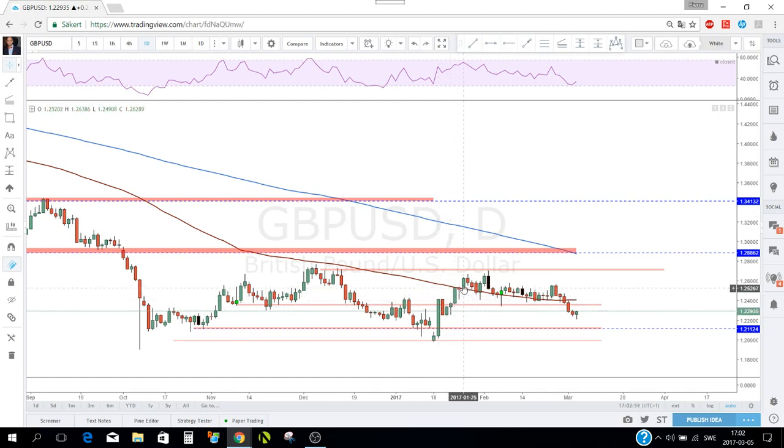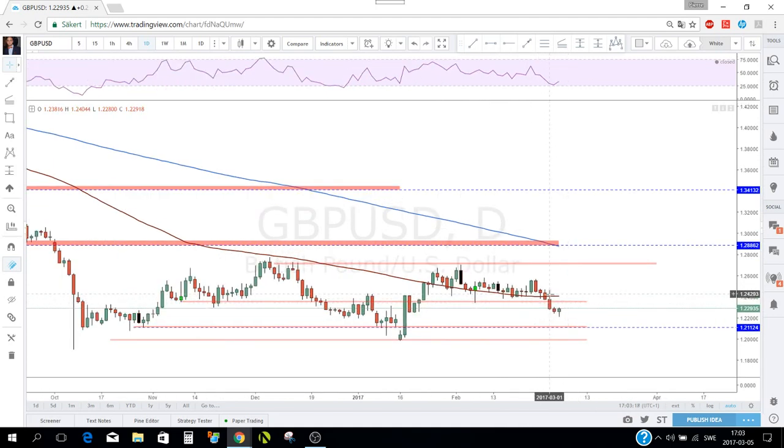We broke it to the upside, and then price kept flirting with it since the 27th of January, until we clearly broke it now to the downside.